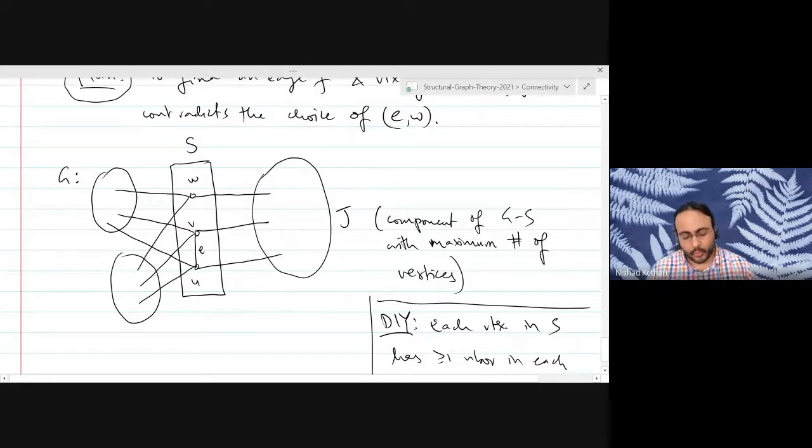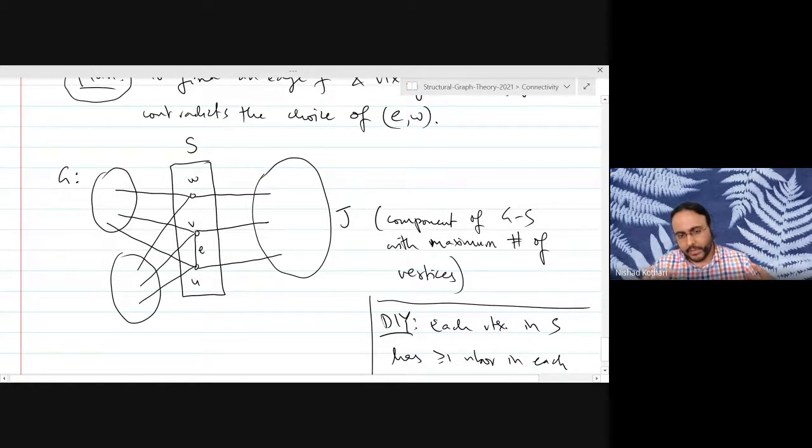Okay, no questions. Good. So we want to find an edge F here. We want to identify some edge F that will contradict the choice of E. We will worry about the vertex Y later, but let's first focus on the edge. What are we trying to do? We are trying to find a bigger component with respect to the edge F and the vertex Y. So one way to do this is to make the component J bigger by choosing an edge appropriately.